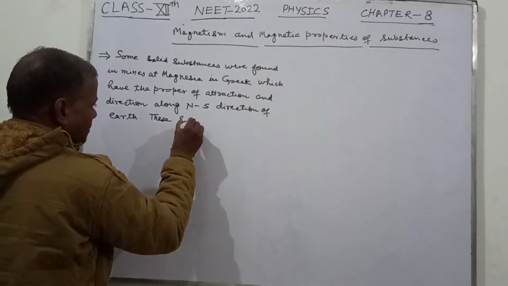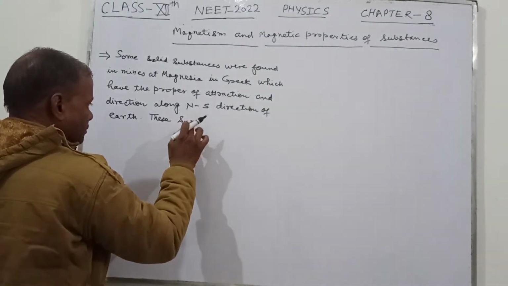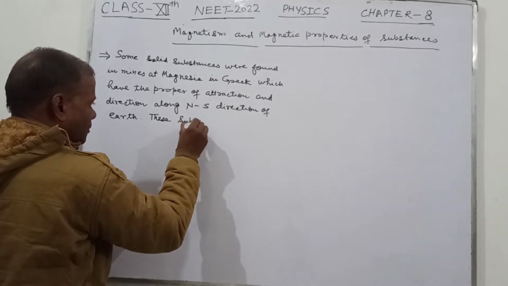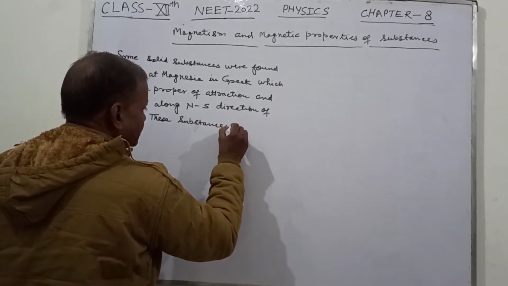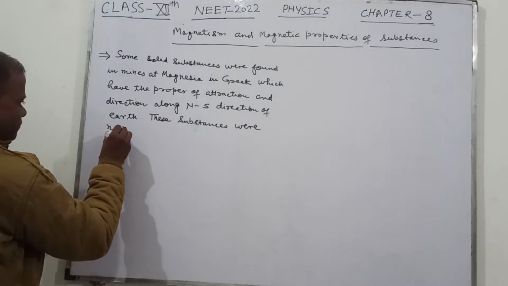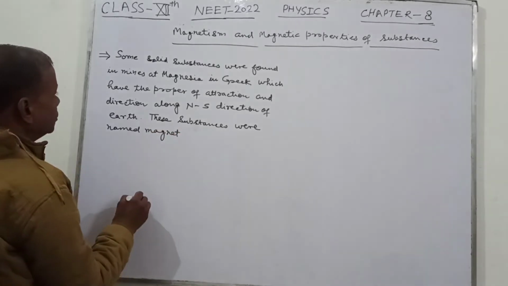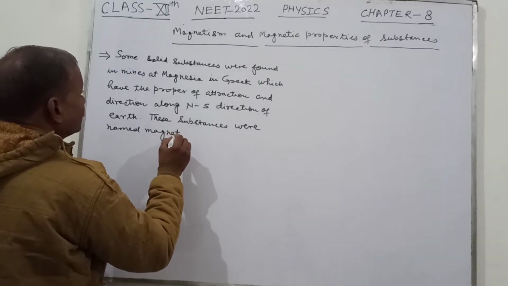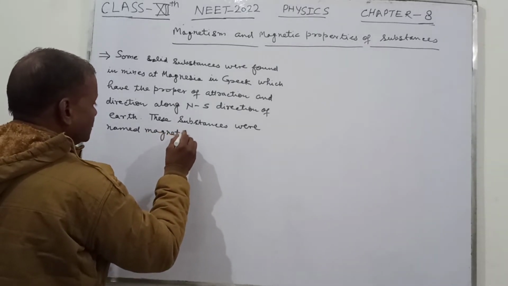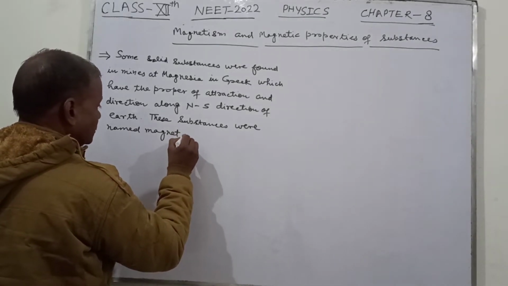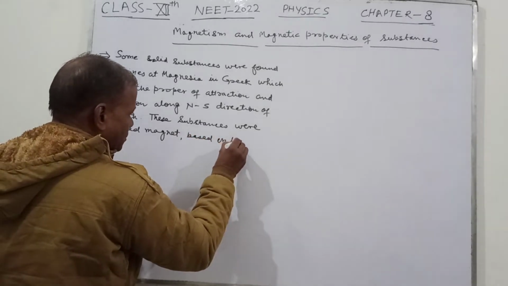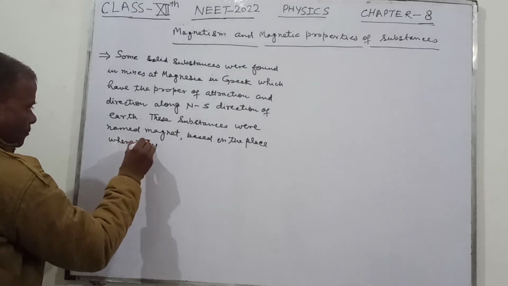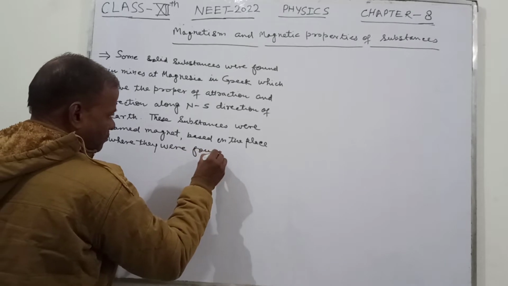These substances were named magnet based on the place where they were found, Magnesia.